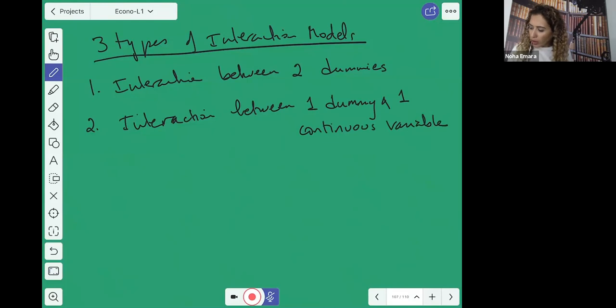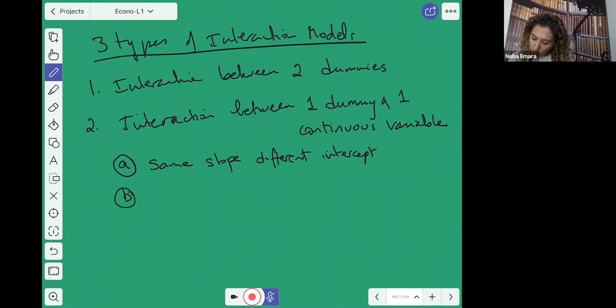Okay, and here I can have 3 different cases. The first case is, what if I have the same slope, different intercept? What if I have the opposite, different slope, same intercept?